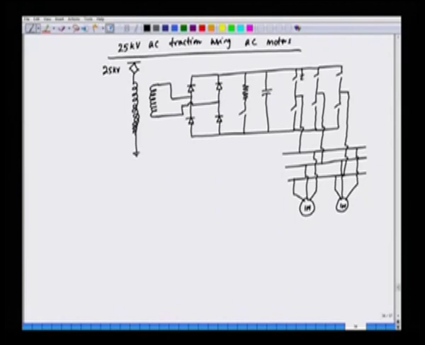And this is a voltage source inverter we have. So, this is a simple topology for a 25 kV AC traction with AC motors.